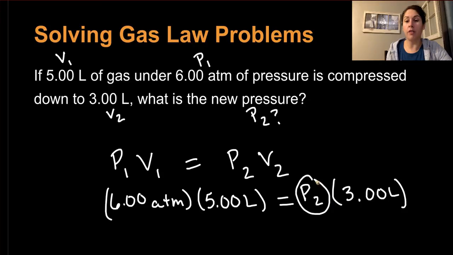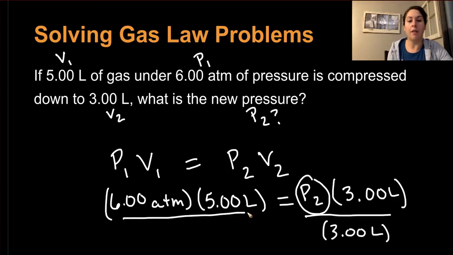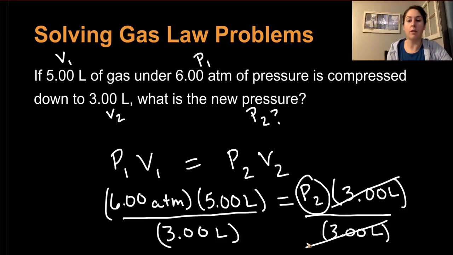All right, so now what I'm going to do is I'm going to just solve for my unknown. If you want to write this as x in your equation, that's perfectly fine. So we're going to divide both sides by our 3 liters. We find that the 3 liters cancels the 3 liters over here, and on this side the units of liters are going to cancel units of liters.